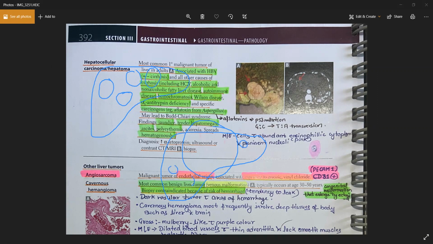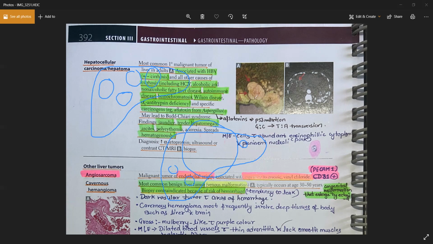Multiple nodules could be there, but all of these nodules are very much smaller than this primary nodule. So whenever you get this type of CT, a very large solitary lesion and then some other smaller multiple nodules, that means it is a primary tumor of the liver. If you get multiple nodules of approximately the same size, then it is a secondary tumor of the liver. Is that okay?